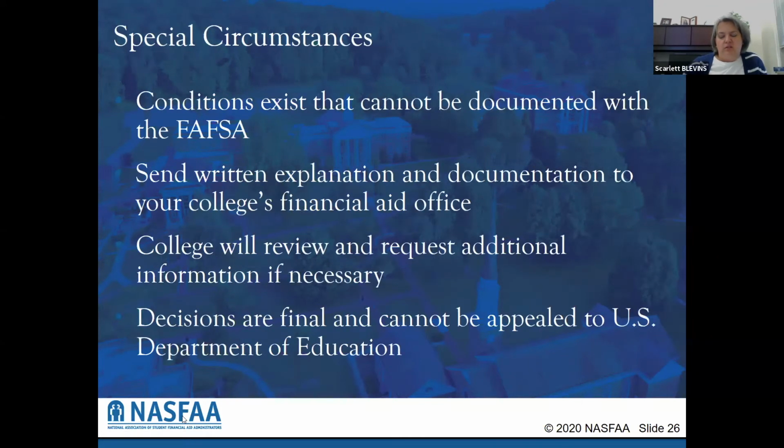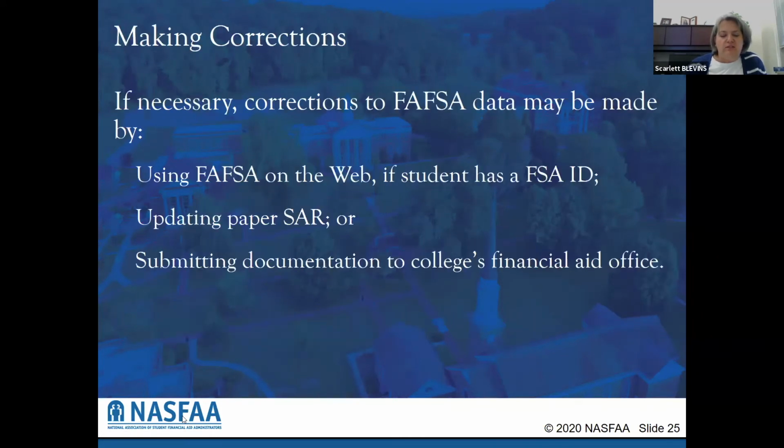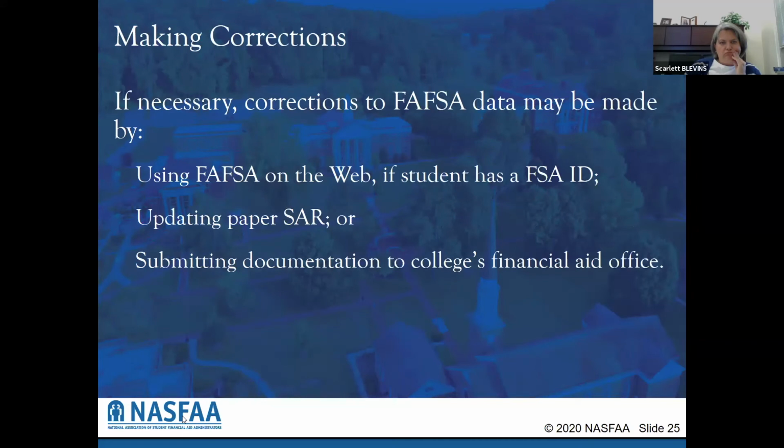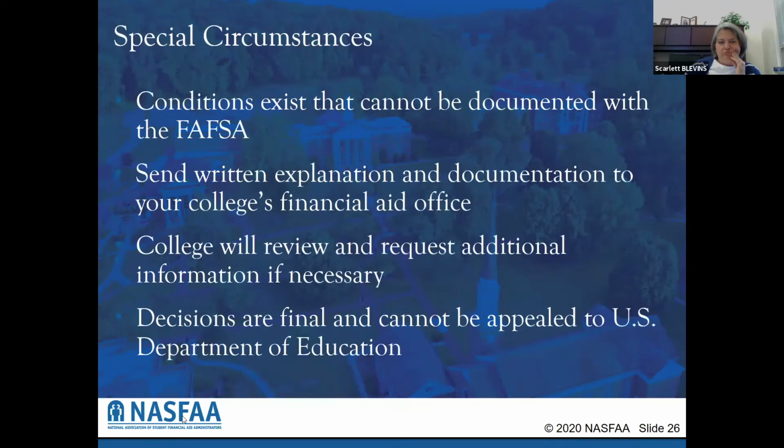Here we talked a little bit earlier about special circumstances. These are conditions that exist that cannot be documented with the FAFSA. If you feel there needs to be more explanation than what the FAFSA can provide, you need to send a written explanation and documentation to the college's financial aid office.